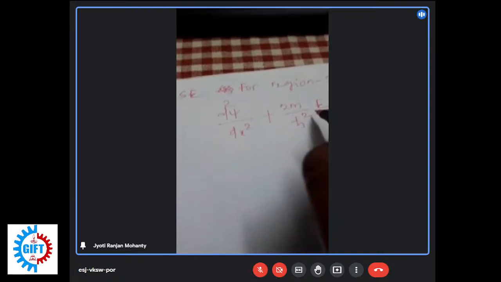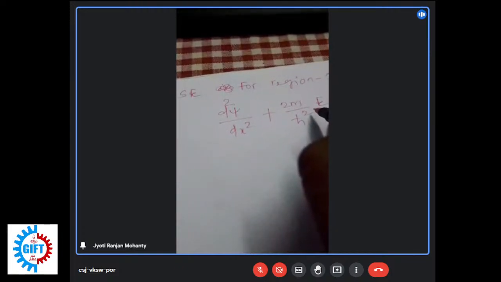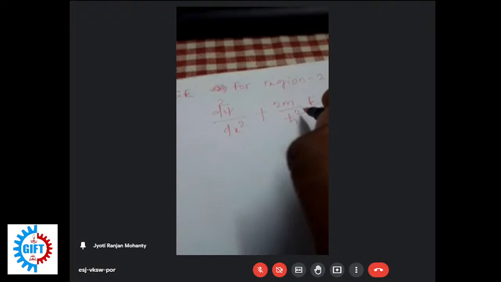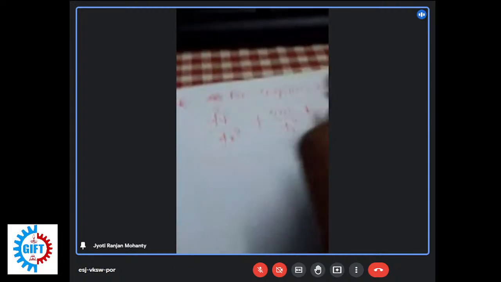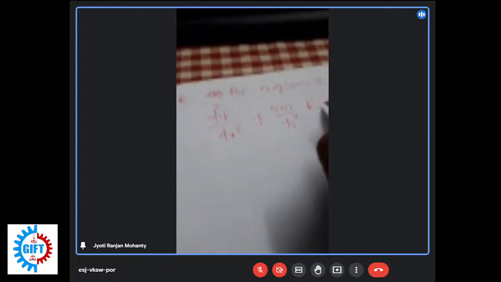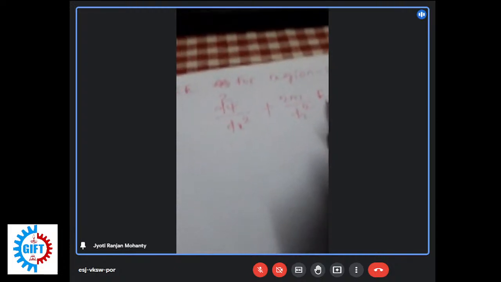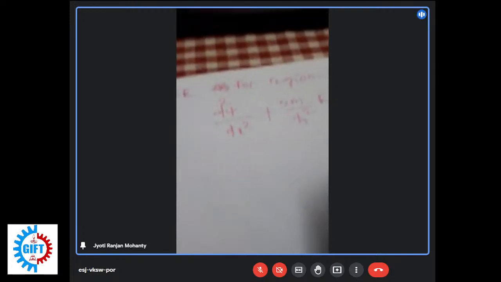So E minus infinity we cannot solve. So region 1 cannot be acceptable. Understood? Yes, sir. So we can take region 2 only. In region 2, what is the value of V? 0.